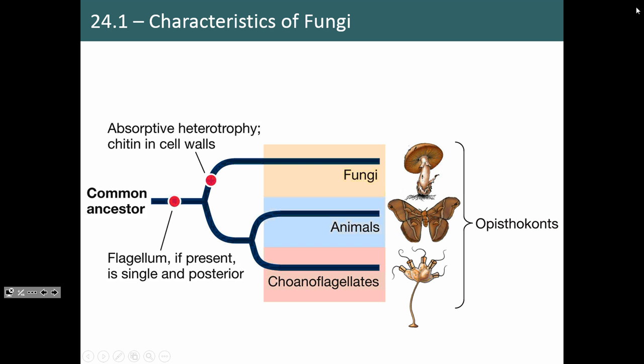They don't carry out photosynthesis. They're going to have to bring their nutrients into their body as heterotrophs. So fungus goes off on this branch over here, and this branch over here leads to animals and these single-celled or colonial organisms that are kind of sponge-like in their body shape. But we're more closely related to fungus as animals than the plants are.